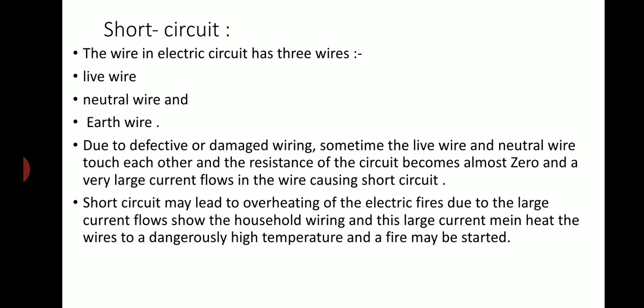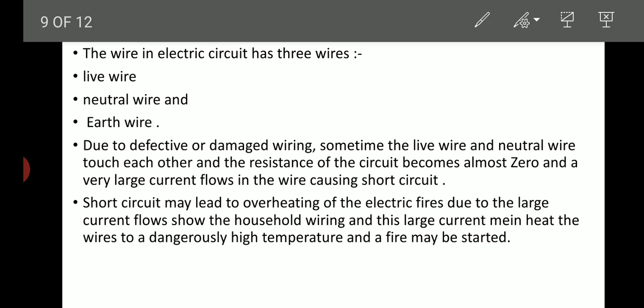And the second one is short circuit. Short circuit is when we use cables and wires in an electric circuit. These wires consist of three wires: live wire, neutral wire, and earth wire.